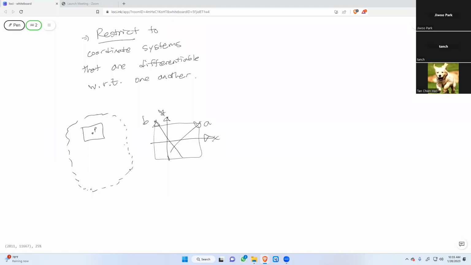It would be necessary to have all these values existing: partial x partial a, partial x partial b, partial y partial a, partial y partial b, partial a partial x, partial a partial y, partial b partial x, partial b partial y. It would be nice to have all these values well defined.